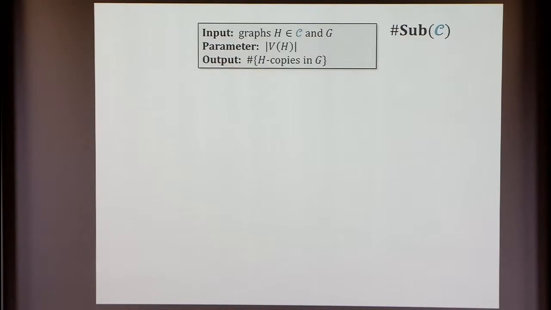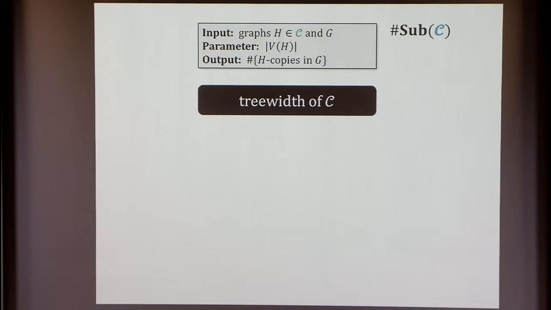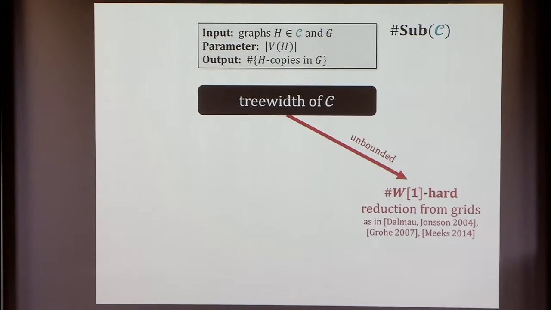Okay, so these are dichotomies that are obtainable. Now let's get back to this subgraph counting problem. In the remainder of the talk, I'll try to sketch a proof for this. The basic outline for the proof is that we first look at the tree width of our class. If the tree width of that class is unbounded, then we can get a reduction from counting grids. That makes the problem #W[1]-hard. And that's a relatively often used technique so far.